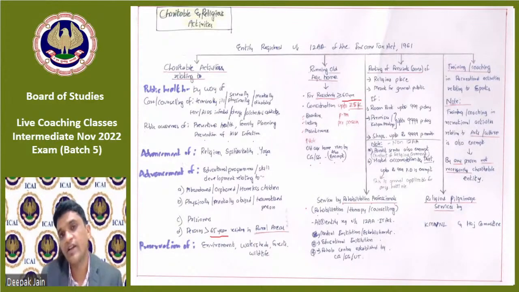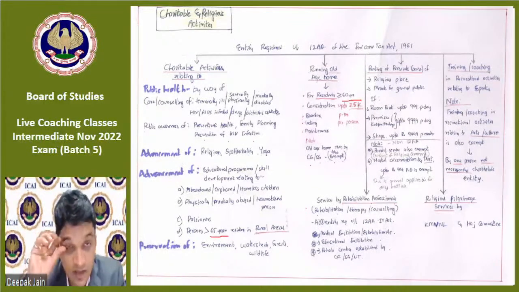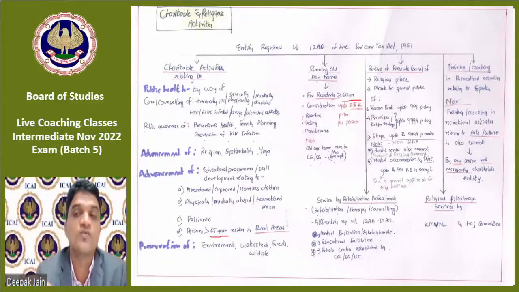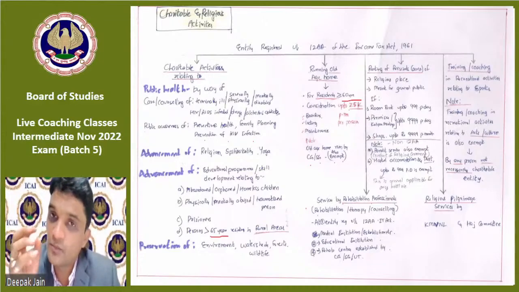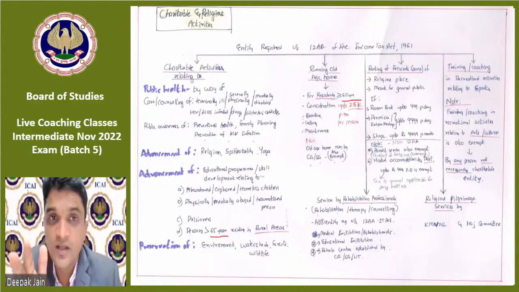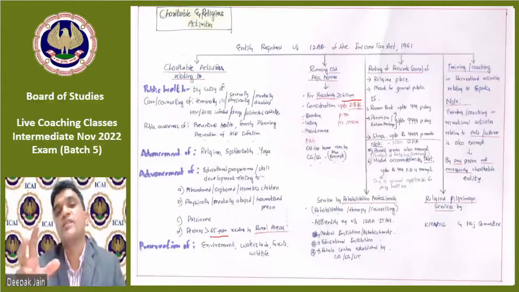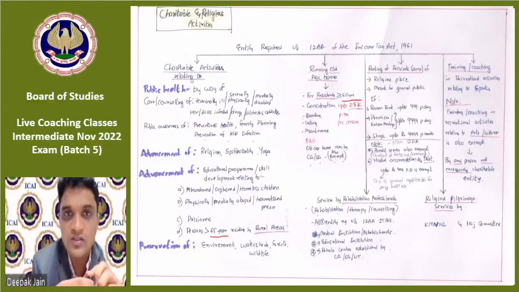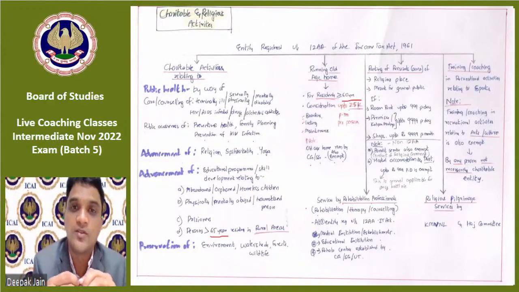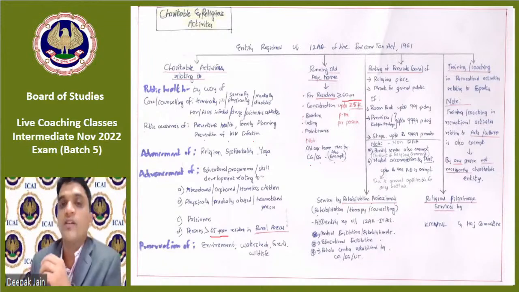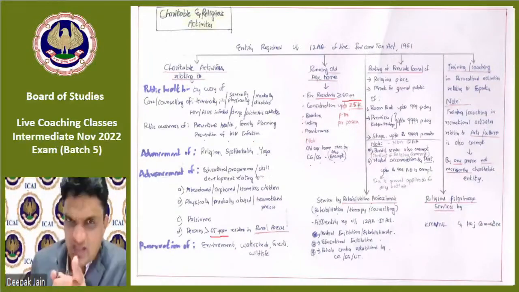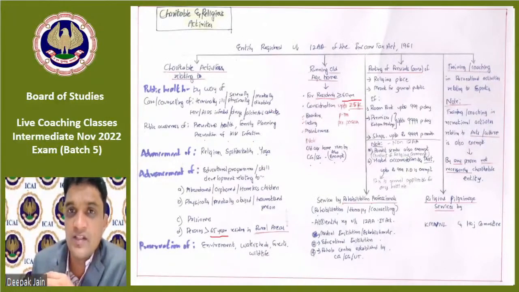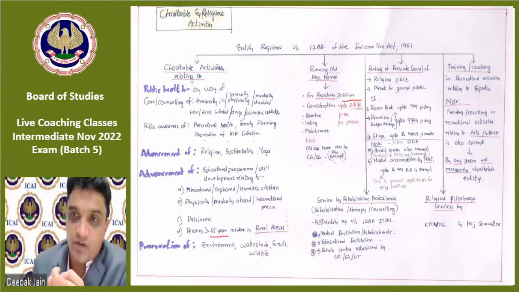I'm trying to find out which way works best and which way you can remember, this is what I'm trying to portray and put across so that you can remember things. It is a really lengthy chapter, there are so many exemptions, you'll get confused. But if you go through these slides, it will be really helpful to you. Okay. So at the end of this topic on charitable organizations, charitable activities, I need a lot of questions because if there's some confusion, clear it now instead of getting confused later on.